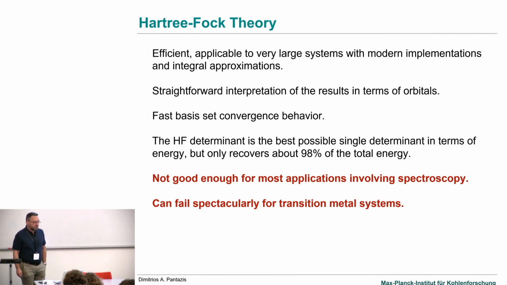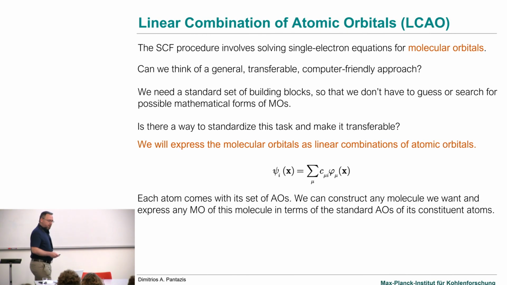It can be considered a useful starting point for other kinds of calculations, but all the concepts that we're using here are very useful also for other types of calculations. So all these ideas about the self-consistent solution and the molecular orbitals and everything can be applied almost as they are on DFT.